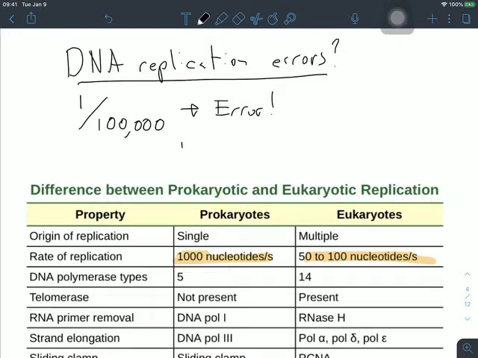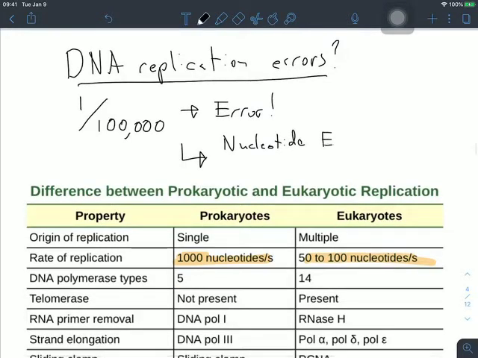There is a series of repair enzymes called the nucleotide excision repair complex that goes through and tries to identify these errors. After proofreading, the error rate ends up being much, much less. It's 1 in 100 million.